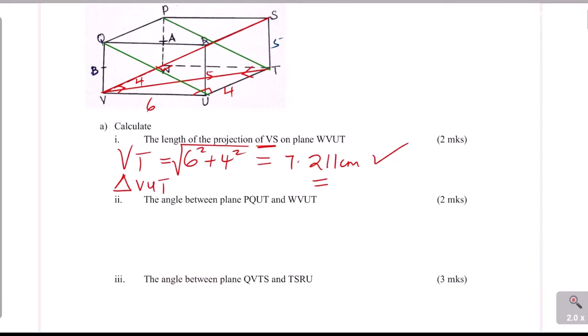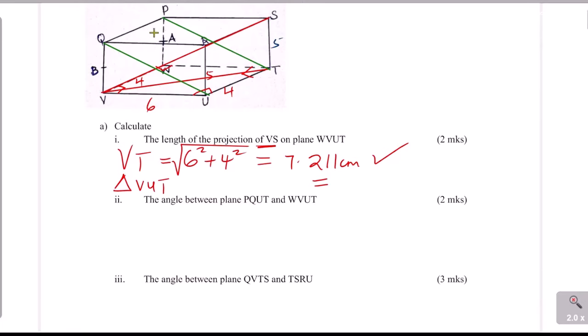Look at the plane PQUT and then the base. You're supposed to get the angle between them. When you keenly look at this, allow me to draw many lines here to explain this.